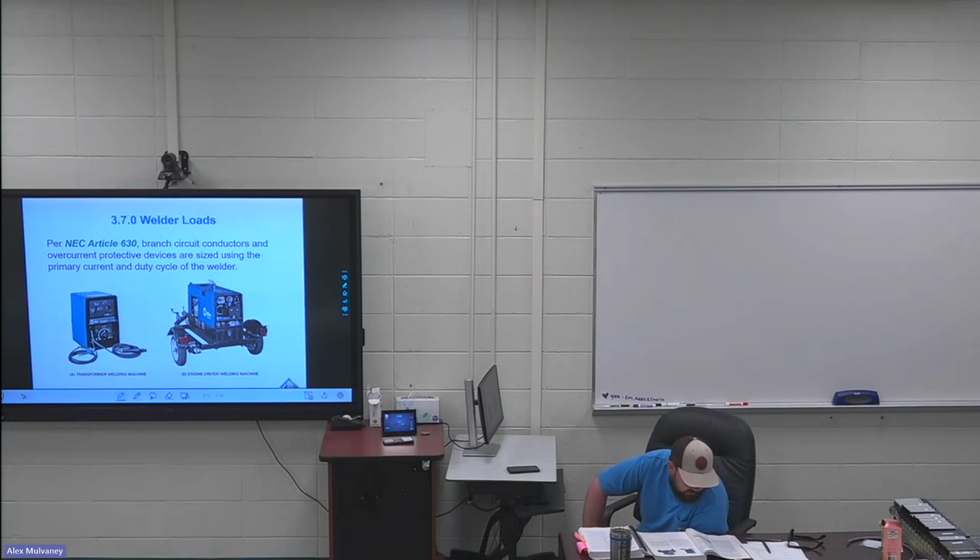This NEC section applies to arc welders with or without motor generators. For resistance welders, NEC section 630.32a provides that the rating or setting for an overcurrent protection device shall not exceed 300% of the primary current rating of the welder.